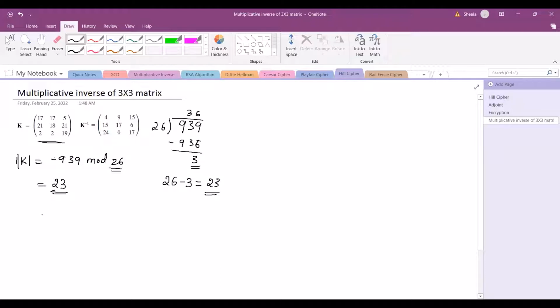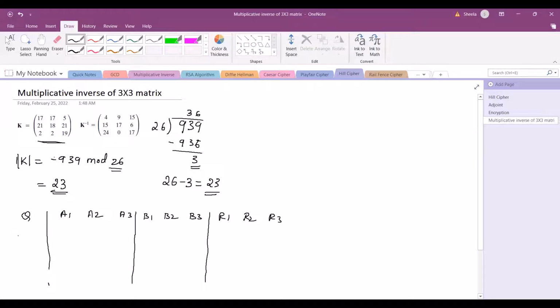I'll take the extended Euclidean algorithm and find the multiplicative inverse. Here we have Q, then A1, A2, A3, then B1, B2, B3, and then R1, R2, and R3.